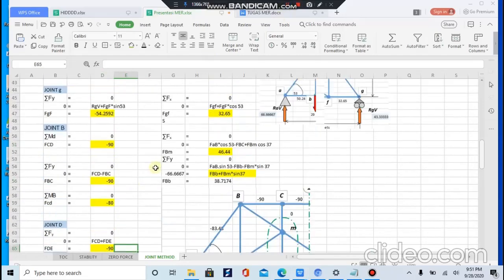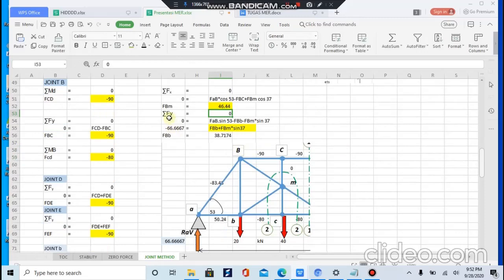Next is still joint B, because we already know most of the data. So sigma Fx is equal to 0, and 0 is equal to FAB times cosinus 53 minus FBC plus FBM cosinus 37. So FBM will be 46.44.